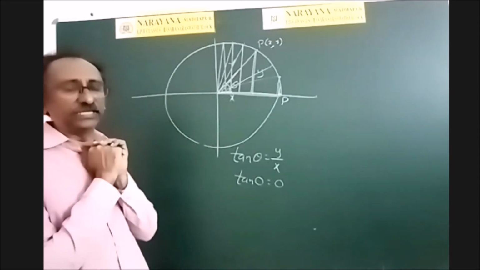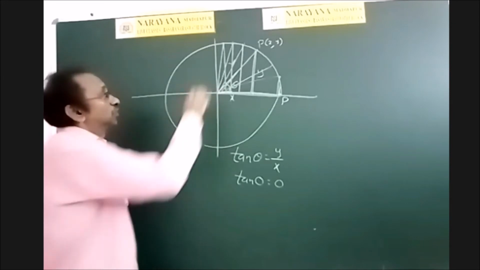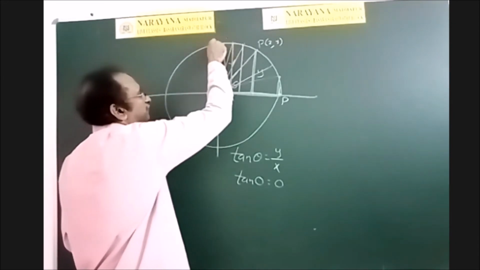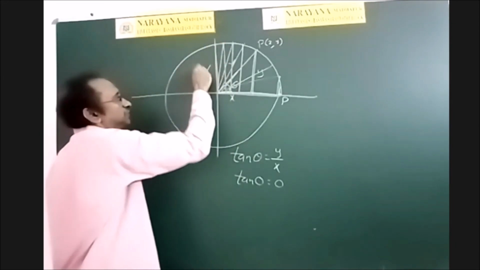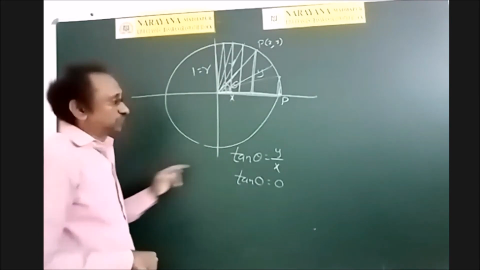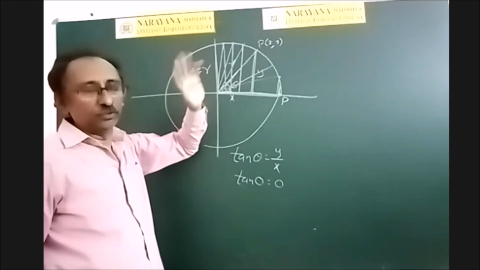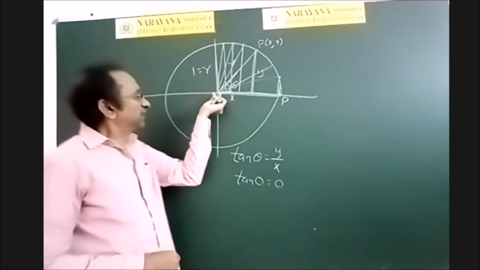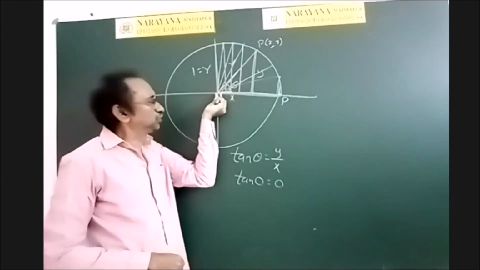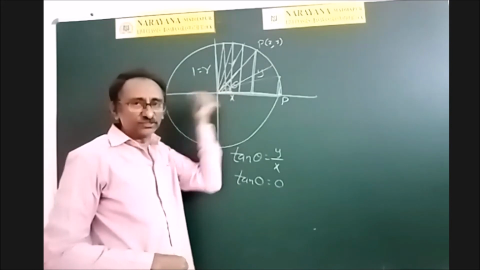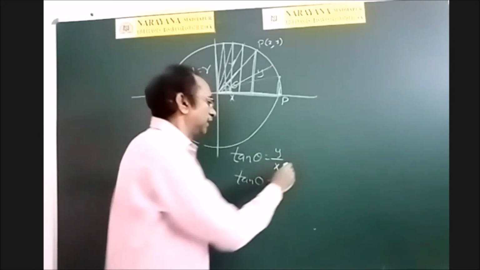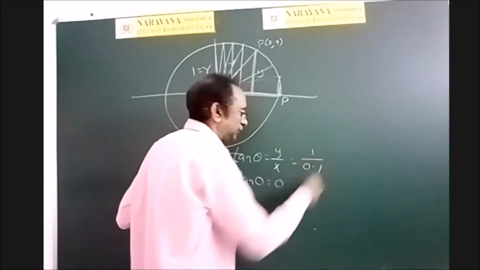That means we say increases to infinity because the maximum value of y may be r only. Suppose take r is equal to 1. So the maximum value of y may be 1 only, no greater than 1. But see, what about x? x slowly tends to 0. Suppose x is 0.1, that is 1 by 0.1.